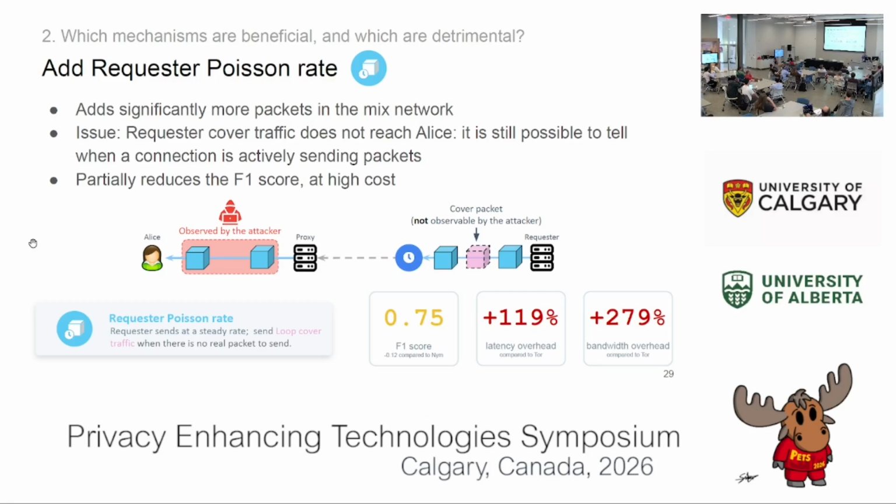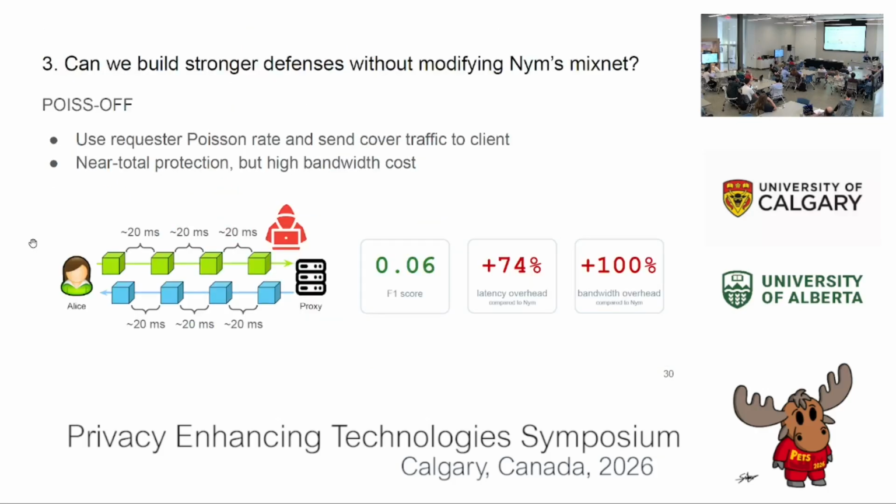The reason is that when the requester is sending cover traffic, the cover traffic will be looped back to the requester, but will never reach Alice. So the adversary on the Alice to proxy link will not see any cover traffic and will still be able to know when there is traffic or not, and this is enough to make some classification.